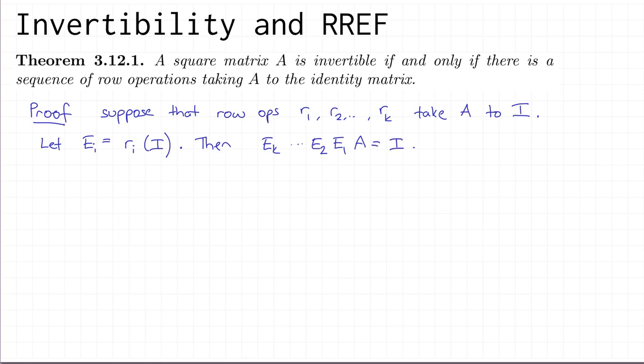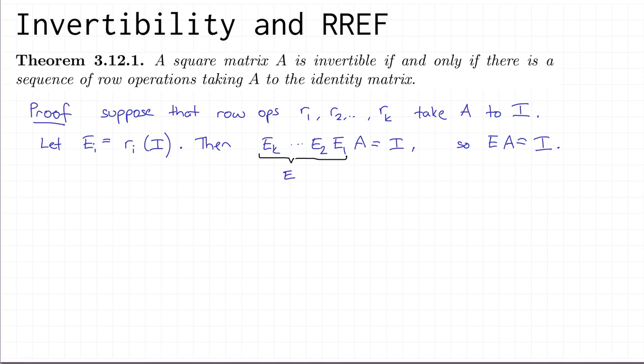So let's give a name to this big product. Let's call this thing E. Okay, E times A is the identity. So that means A is invertible, doesn't it?